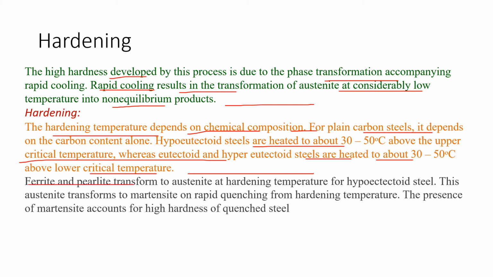Ferrite and pearlite transform to austenite at hardening temperature for hypoeutectoid steel. This austenite transforms to martensite on rapid quenching from hardening temperature. The presence of martensite accounts for the high hardness of quenched steel.